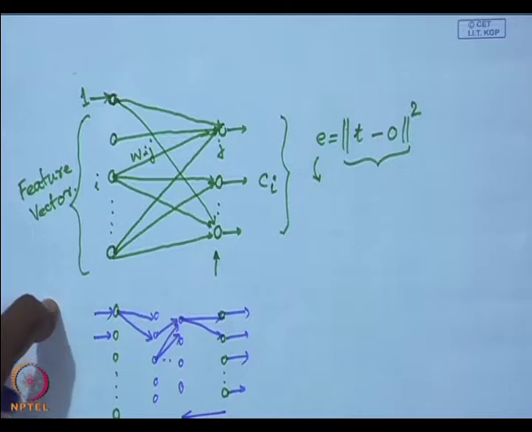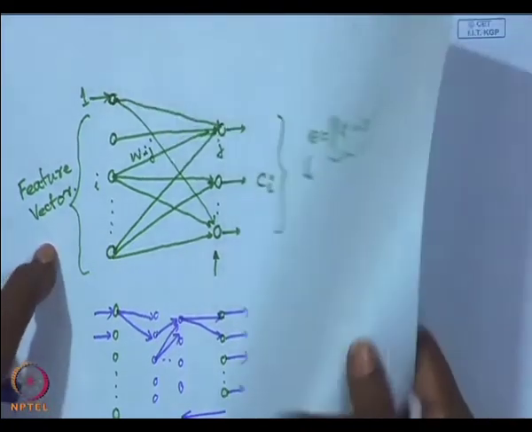So, there again we get an error, and when I express this error as a function of the weight matrix or the connection weights, then we try to reduce that error by optimizing or adapting the weights. And when we adapt the weights, the error information for reduction of the error propagates from the output layer to the input layer. So, it propagates in the reverse direction.